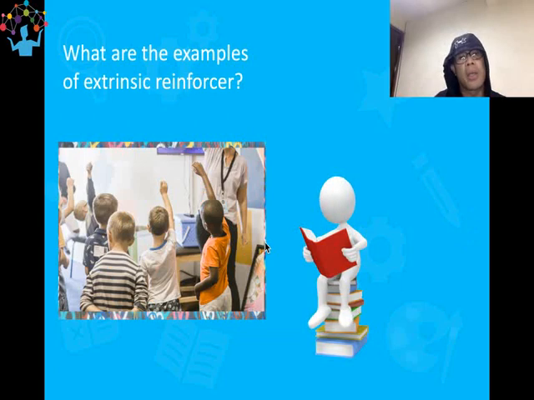Those are examples of extrinsic reinforcer. So what do we mean by intrinsic reinforcer? I would like you to browse the internet and look for the meaning. Look for examples of intrinsic reinforcer so that you will know the difference between extrinsic reinforcer and intrinsic reinforcer. Okay.